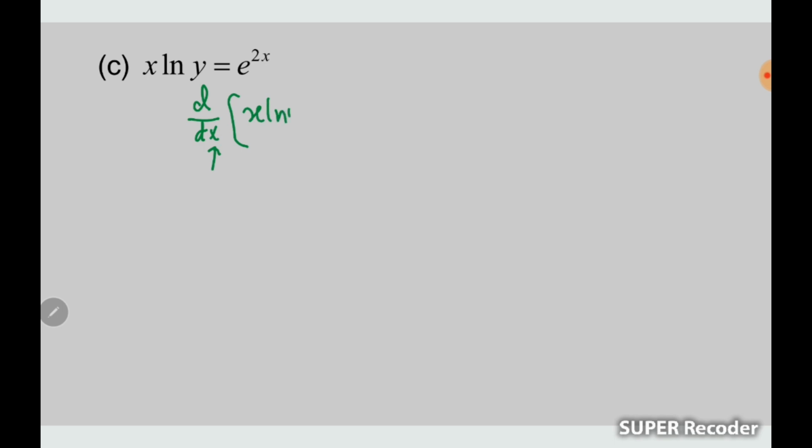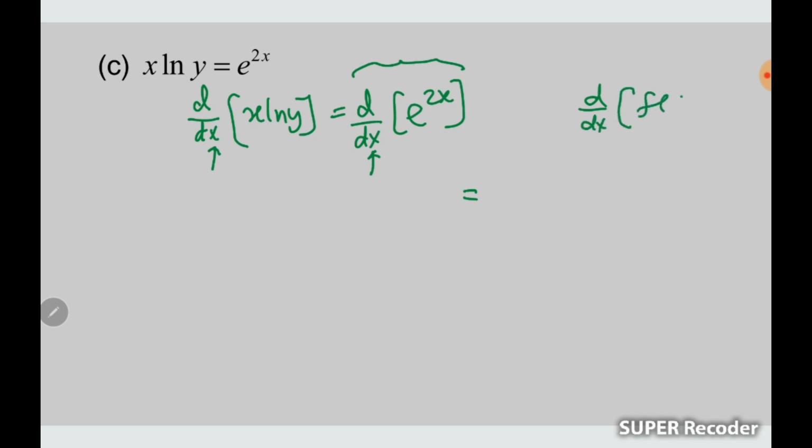On your right side, this is an explicit differentiation, where you differentiate a function in terms of x with respect to x, which you have learned before. So this is easier. The answer is 2e^(2x).